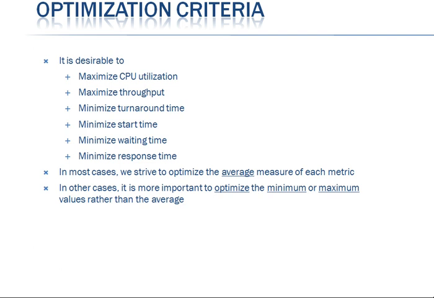It is desirable to maximize CPU utilization and throughput, whereas turnaround time, waiting time and response time should be minimized. In most cases, we strive to optimize the average measure of each metric. In some other cases, it is more important to optimize the minimum or maximum values rather than the average.